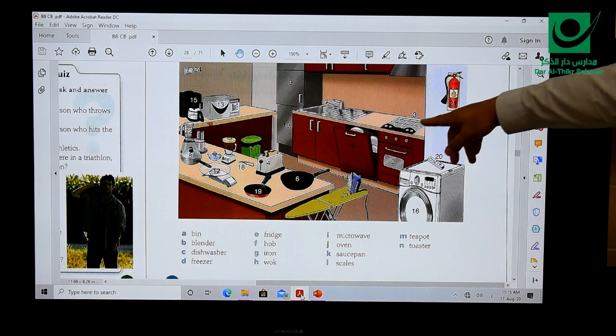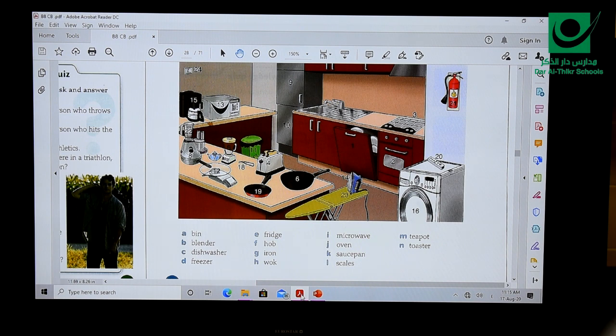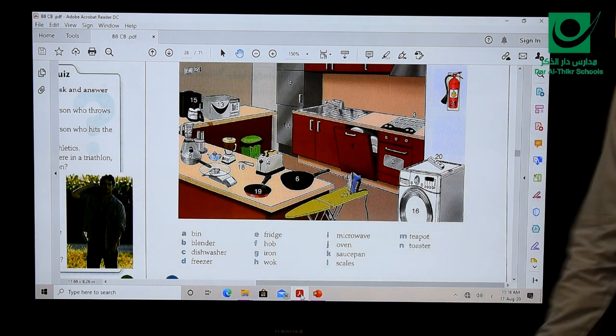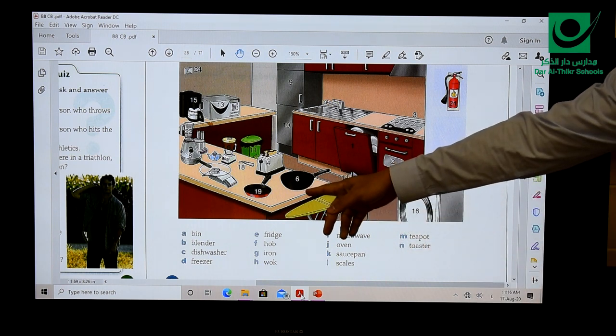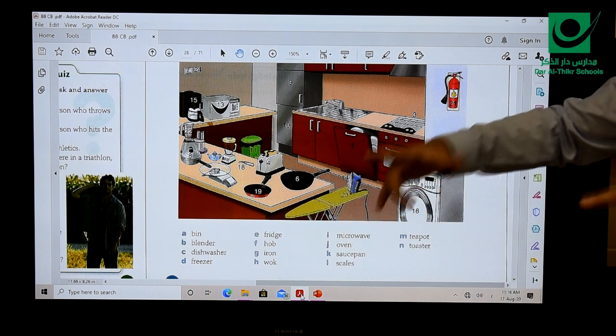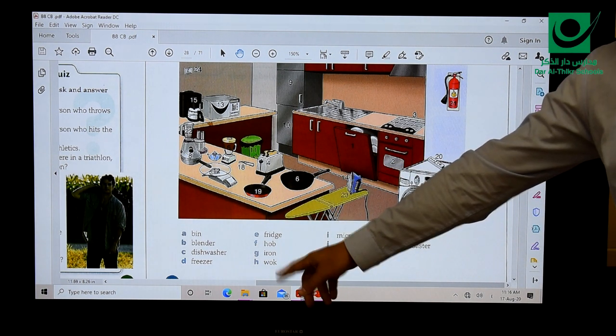The hob here, where we can cook food. Iron, which is used for ironing our clothes. Wok. What's a wok? It's like a pan, but it's used for cooking, especially Chinese food. That pan, which is big like a bowl, and used for cooking Chinese food, is called a wok.